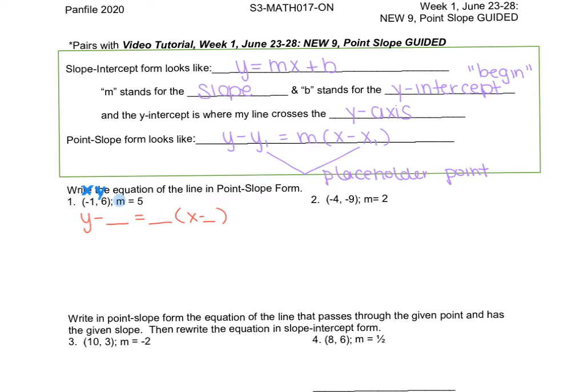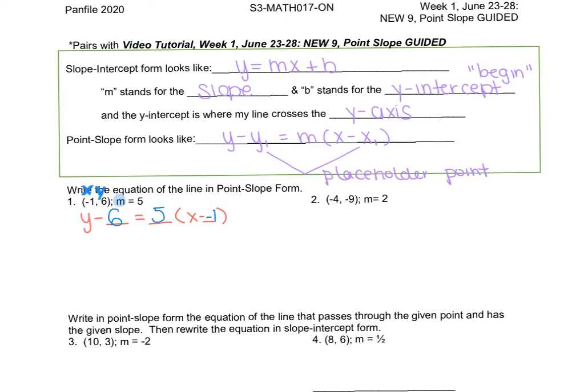So you have y minus 6, because that's your y1, the y they give you, equals m, which is 5, parentheses x minus the x they give you, which is -1.